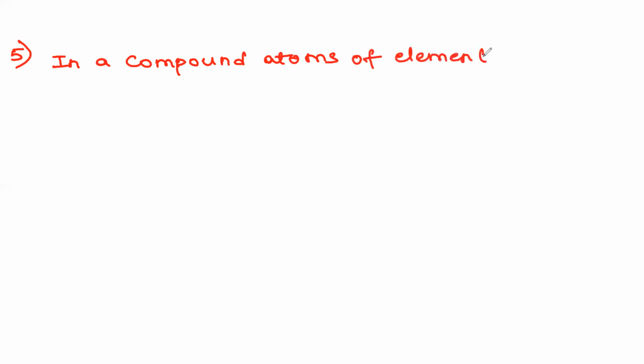In a compound, this question is a little bit typical. In a compound, atoms of element Y form CCP, and those of element X occupy 2/3 of tetrahedral voids.